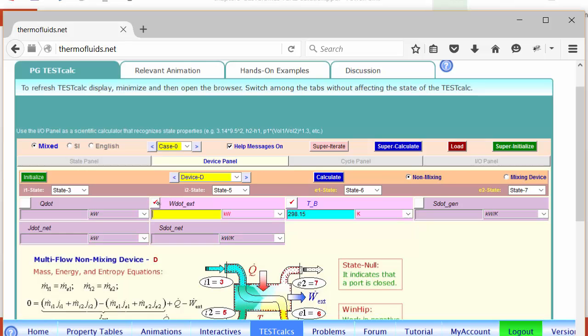And there is no work transfer, of course, and there should be no heat transfer either because it's insulated. So I'm doing an overall analysis of the heat exchanger where we are looking at the entire device. There are 2 inlets and 2 exits, and of course we expect there should be no heat transfer if we have correctly calculated all the states.